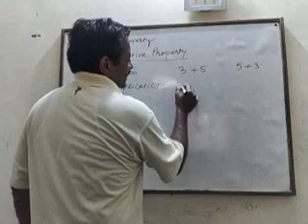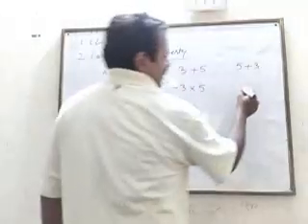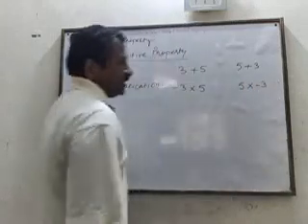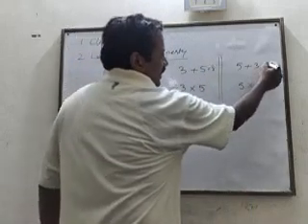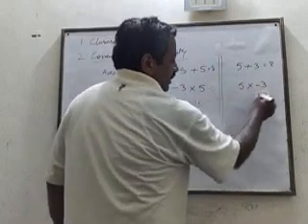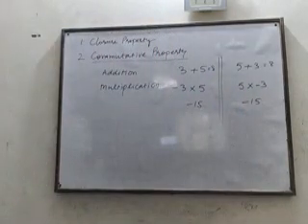Similarly, minus 3 multiplied by 5 will give you the same answer as 5 multiplied by minus 3. You can check. Here the answer will be minus 15, here also minus 15. So we are getting the same answer, even though we have changed the seats.